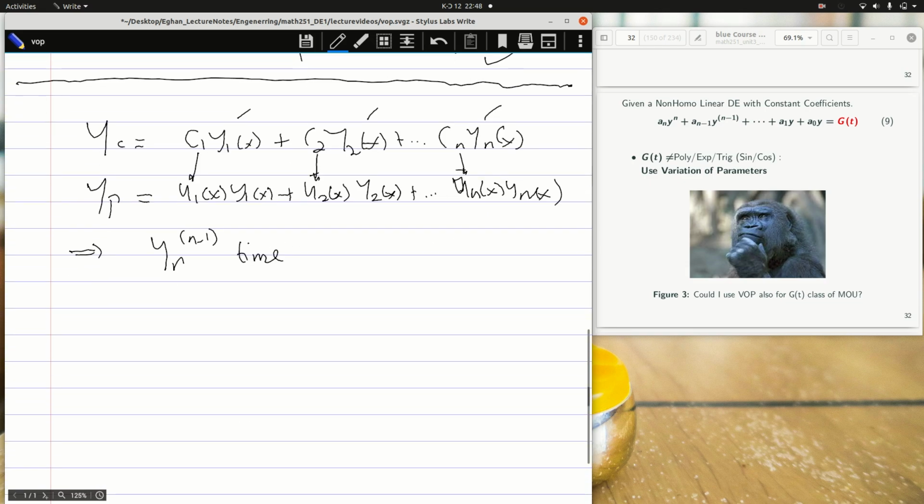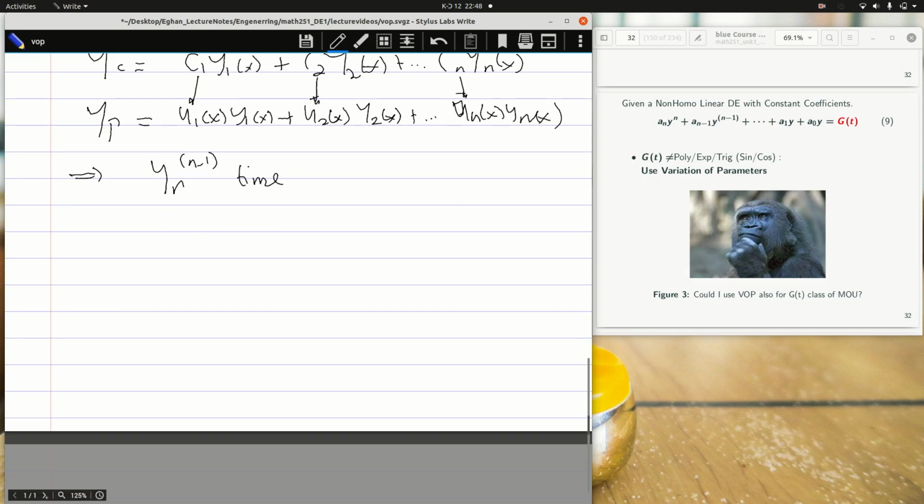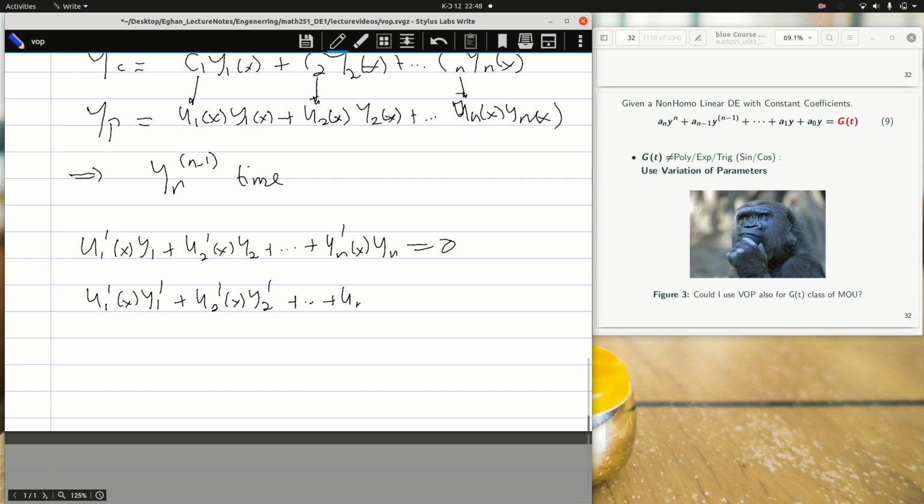If you do that, you end up getting a system in this form. You have u1 prime y1, that's the first part of the solution. I'll just write two elements, then move to the last one, equal to 0. The second derivative becomes u1 prime of x times the first derivative, and the second derivative. Check the pattern of how the system will look. I didn't go through how to get the system, but it always follows a certain pattern.